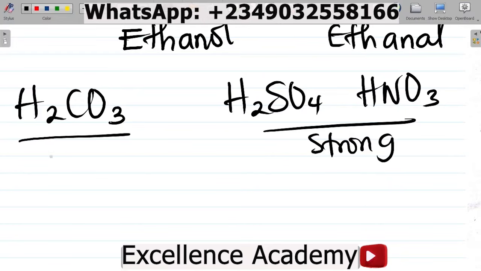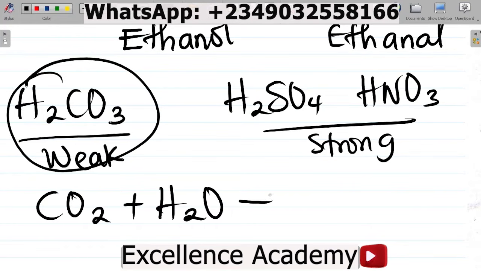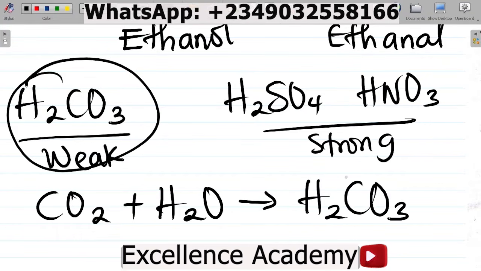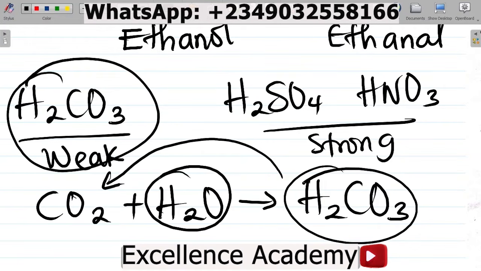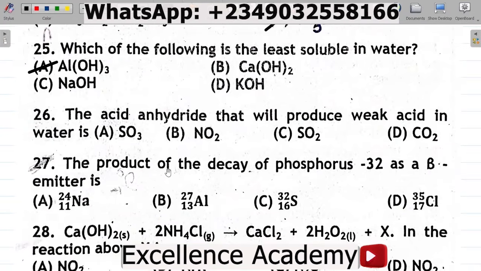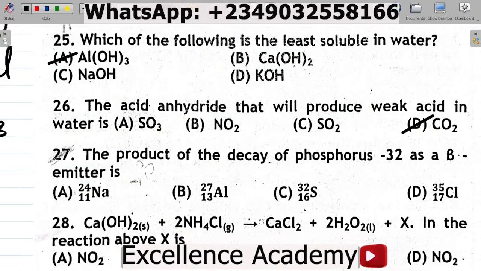To get hydrogen trioxocarbonate(IV), carbon dioxide, CO2, combines with water, H2O, to give you H2CO3. So this is a weak acid formed by the combination of carbon dioxide in water. The correct answer is carbon dioxide, so the correct option is D.